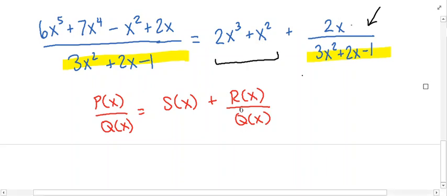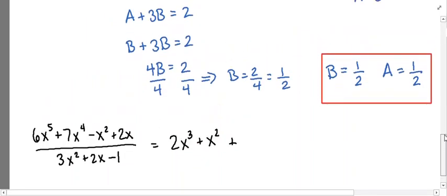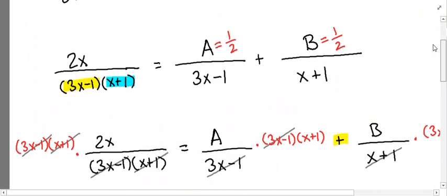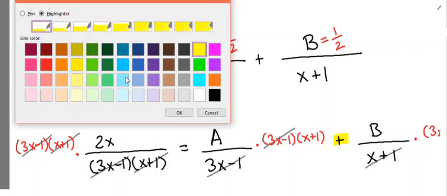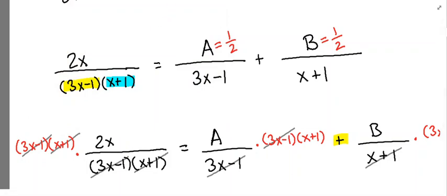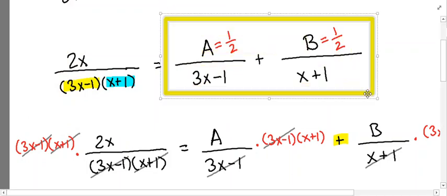So when we tack on the 2x over 3x squared plus 2x minus 1, we have to give the partial fraction decomposition, which is up here, and we know the a and the b values. At this point, we are going to apply this thing that I'm highlighting in yellow here. That's the last piece we need to add on.